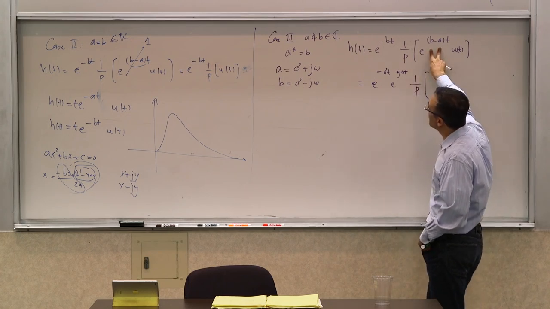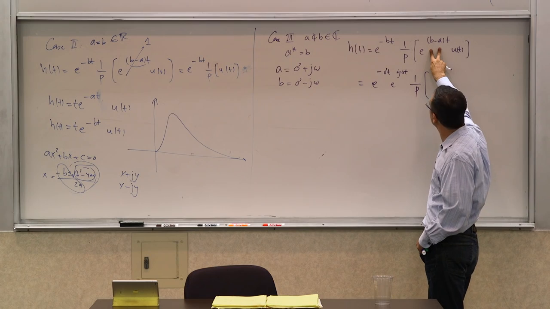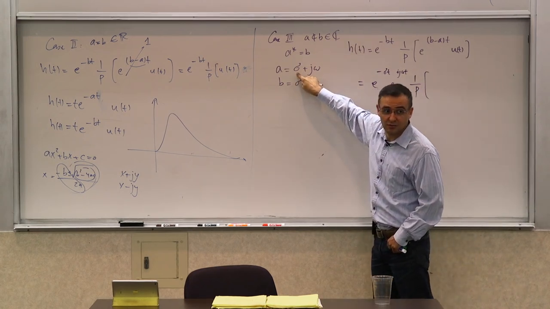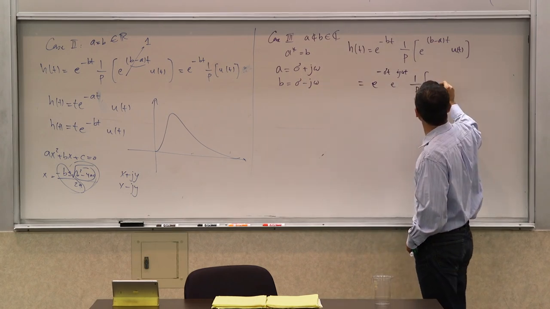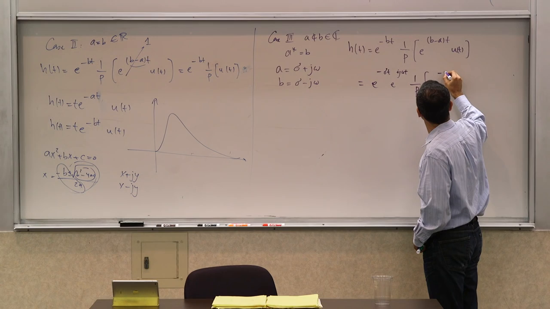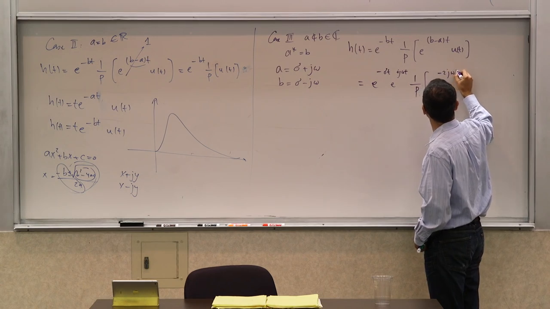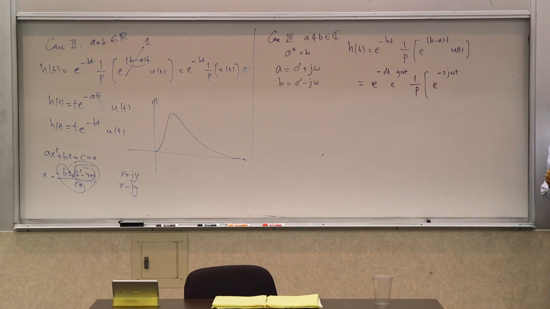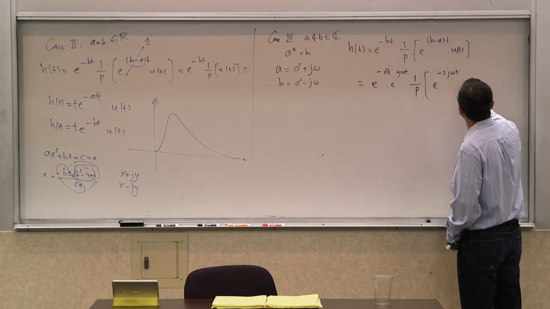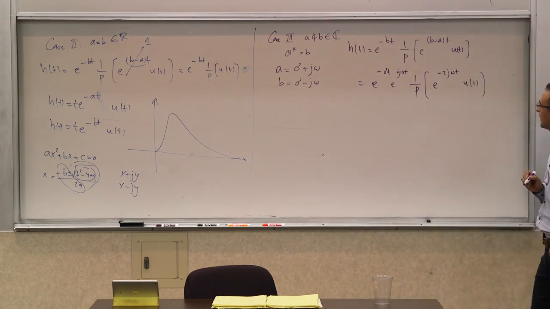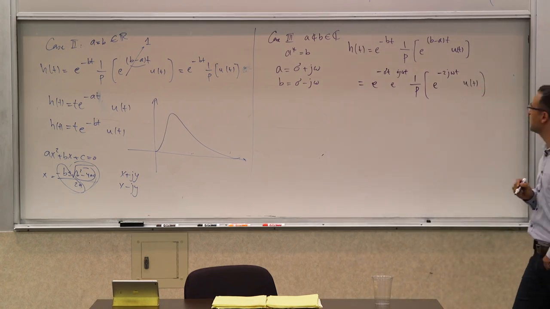Now, what is b minus a? The real parts cancel, so you get e to the negative 2j omega t, and u of t. So that's what I need to calculate.